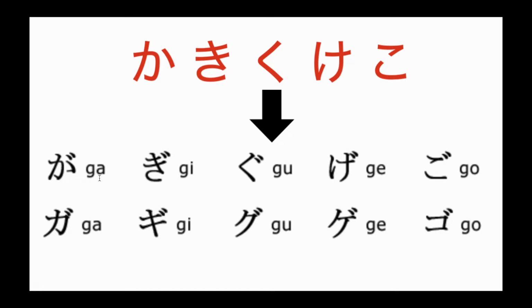So the ga sound was hidden, and when you add the 2 strokes, the ka line becomes ga. So ki becomes gi, gu, ge, and go. The same with katakana as well. So this is your hiragana ga line and this is your katakana ga line.